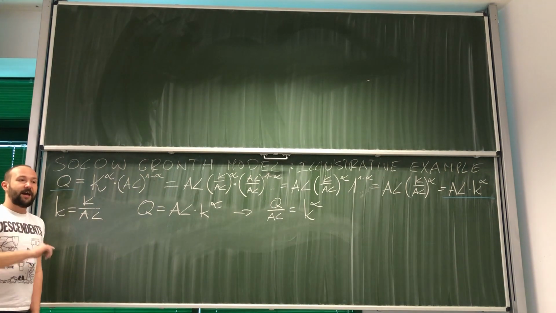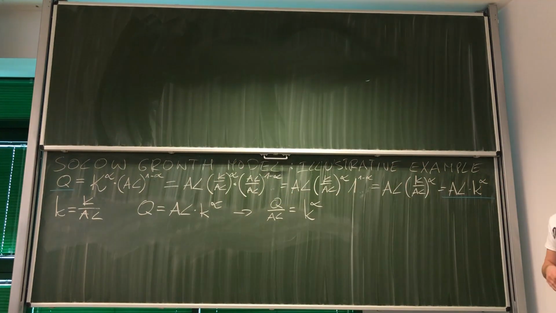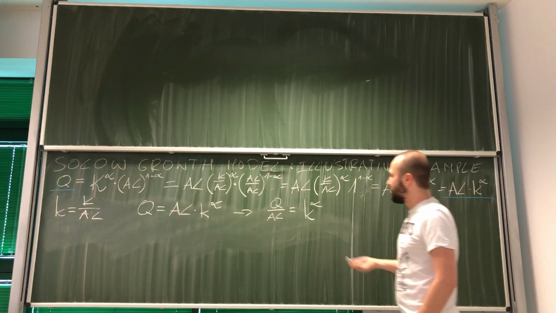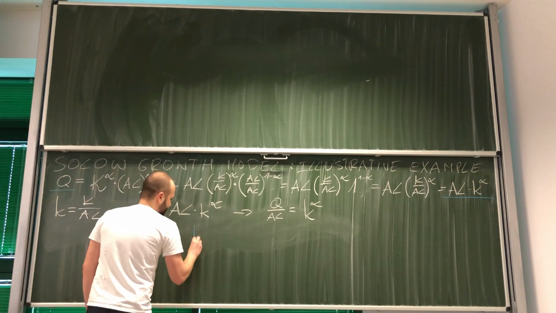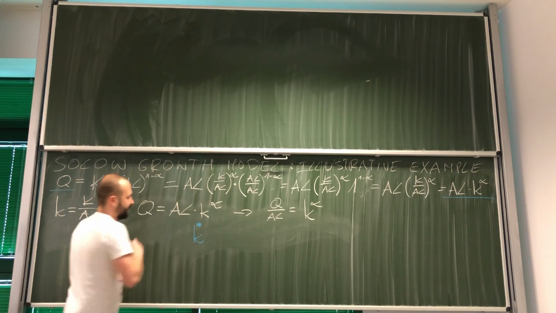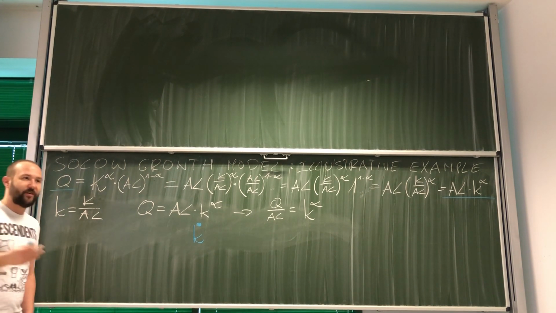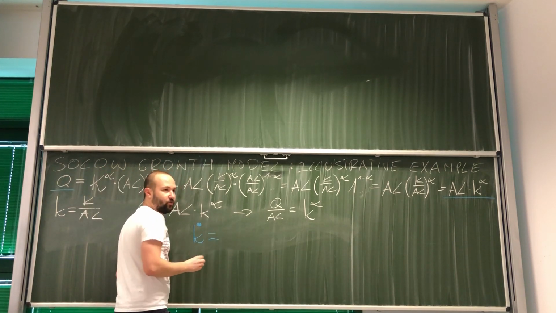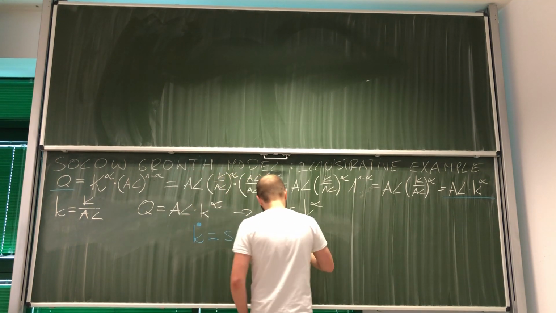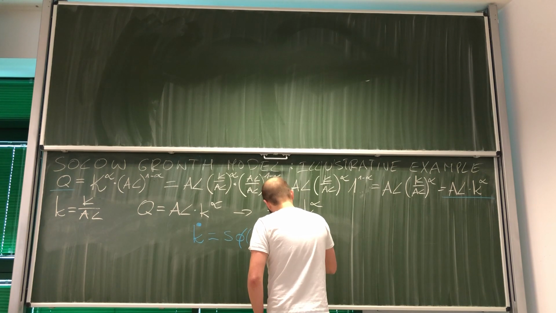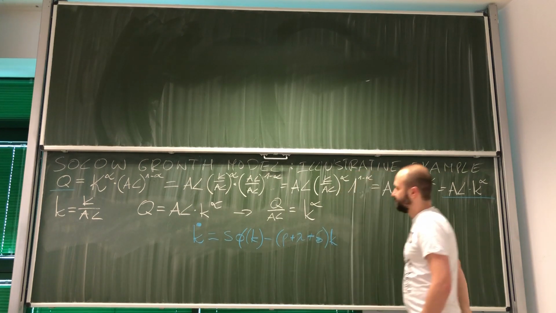When we were deriving the law of motion in the Solow Growth model, we ended up with k dot, the derivative with respect to time of capital per effective worker, equal to s times f(k) minus rho plus lambda plus delta times k.